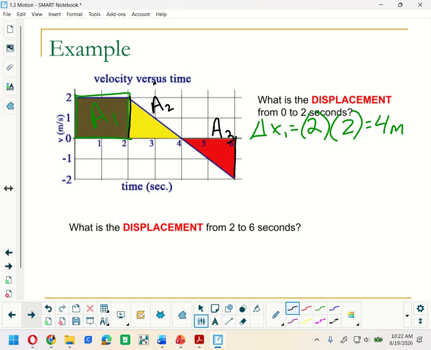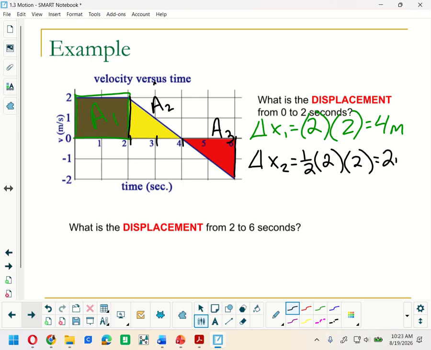A2 is a triangle, so my formula is delta x for 2 is 1/2 my base times my height. My base here is 2, count 2 over there. My height is positive 2 there on that one. It's negative 2 on the next one. So that area is going to give me 2 meters.